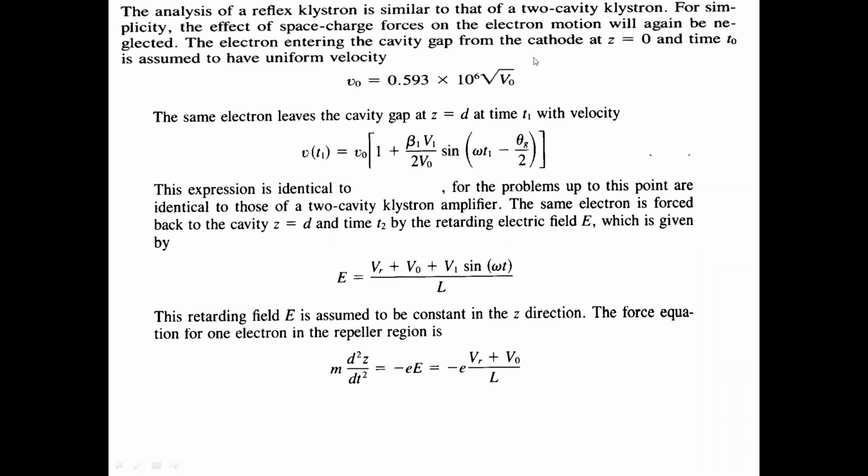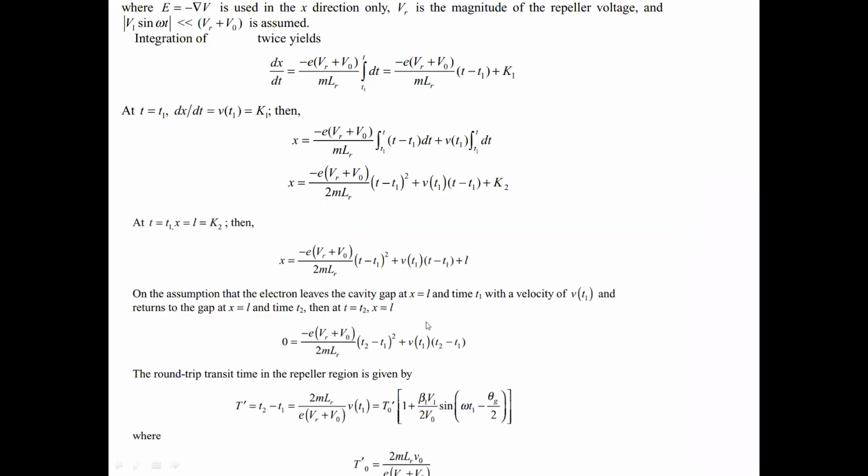Take the primary equation V naught, and write the status of the electron at Z equals D. Calculate the retarding field. From that, apply the force equation and apply the derivative work.